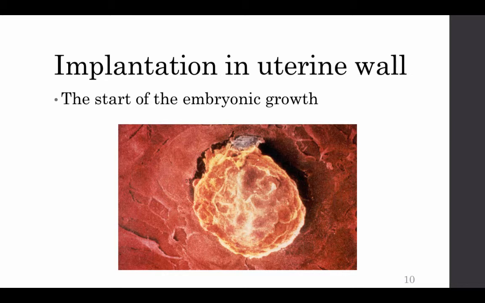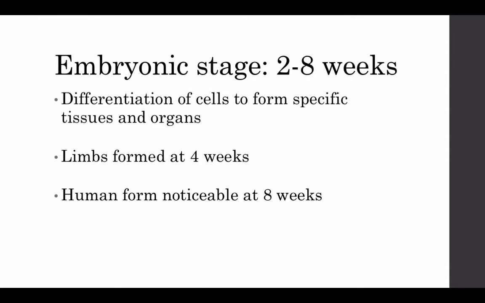After implantation, we start the embryonic growth. The embryonic stage is the next stage to occur, and it takes place after implantation, so from about 2 to 8 weeks. During this stage, differentiation of cells occurs to form specific tissues and organs.